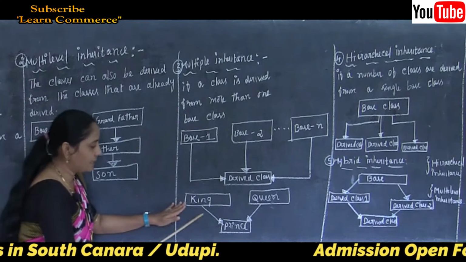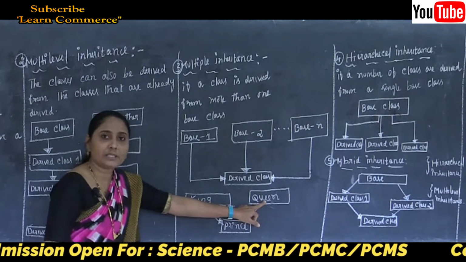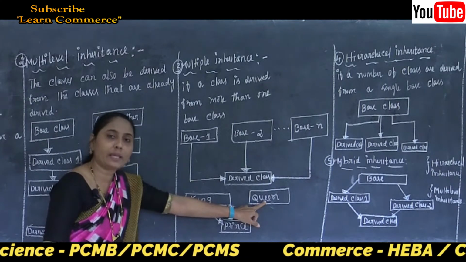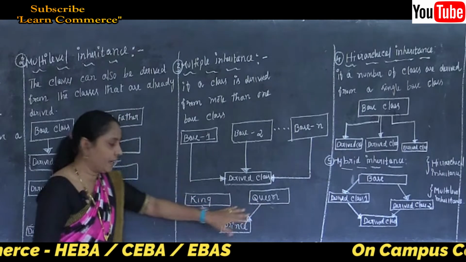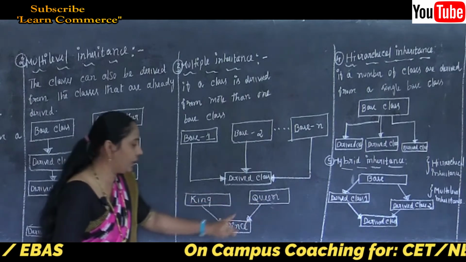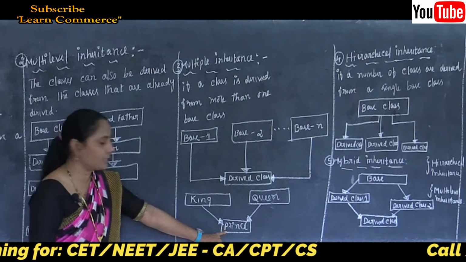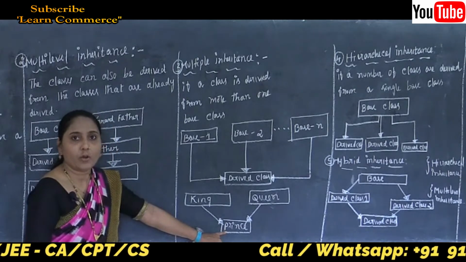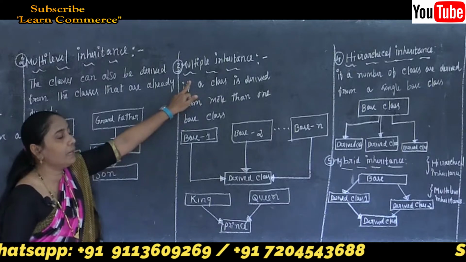A simple example we can write is king and queen. All these are the base classes here, and by using king and queen we constructed one derived class. The name of the derived class is twins. So this is the example for our multiple inheritance.